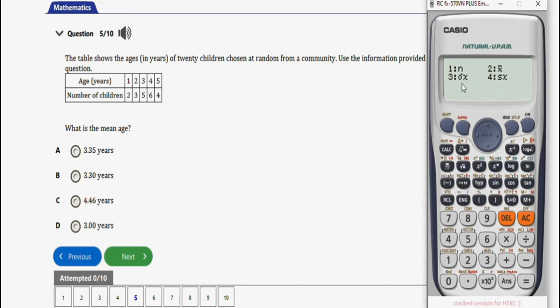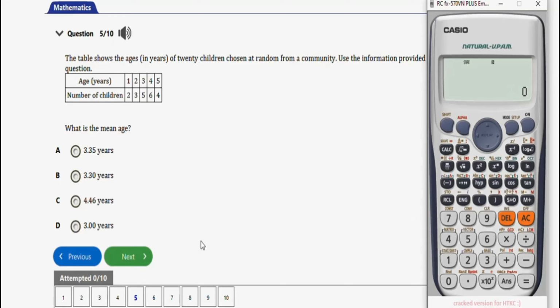This option 3 is for the population standard deviation, and this option 4 is for the sample standard deviation. This option 2 is for the mean, x bar. So press 2, then press equal to see the mean. We have 3.35. So the right option is option A, 3.35. That's it for this question.